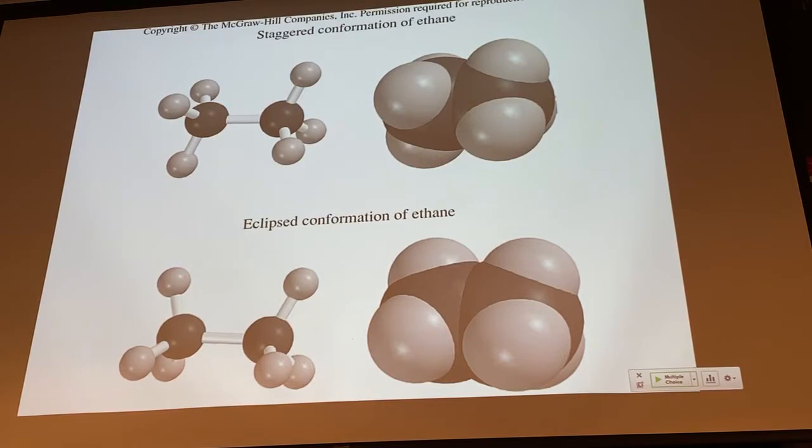Okay, the orbitals or the electrons in those orbitals, right? The bonds. The electrons in the bonds are further apart in staggered than they are in eclipsed. So in the eclipsed conformation, you have the electrons in the carbon-hydrogen bonds too close together. They're repelling each other, and that repulsion is increasing the energy of the eclipsed conformation relative to the staggered conformation. Okay? So there's another term that we need to learn. Let's write that over here.